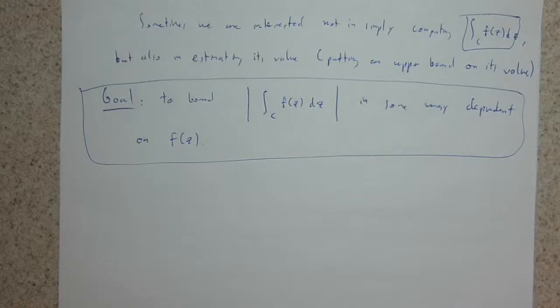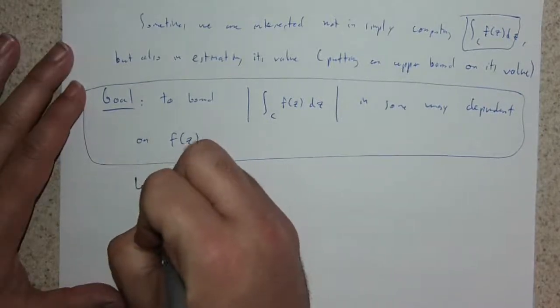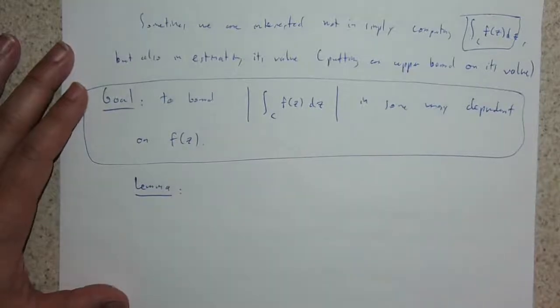In order to do this, there's a lemma, and this lemma is going to be used in the proof of the main fact that we're interested in here. The lemma is the following.